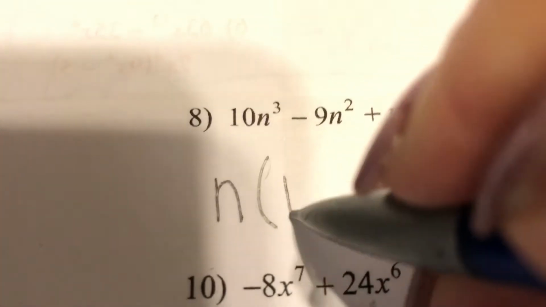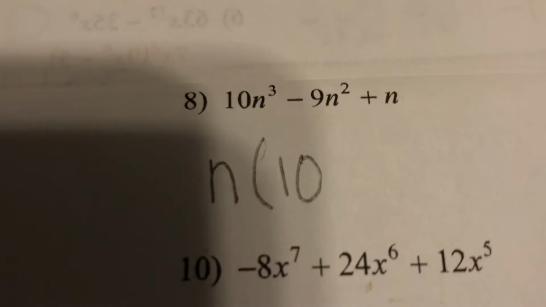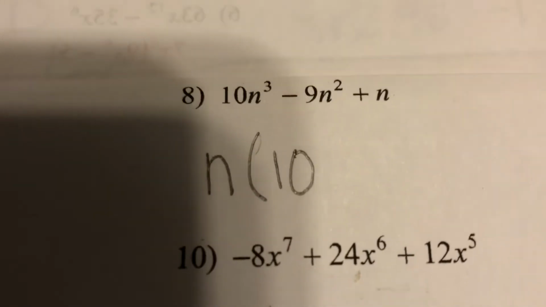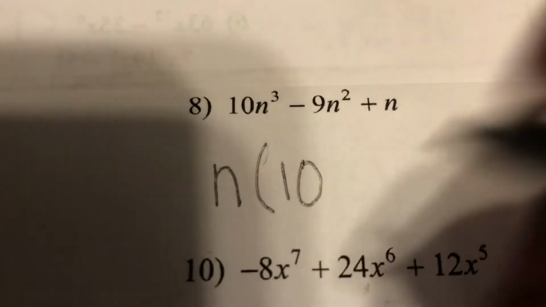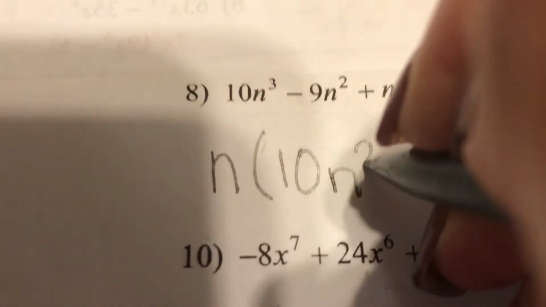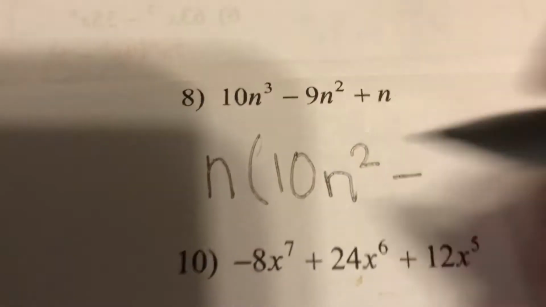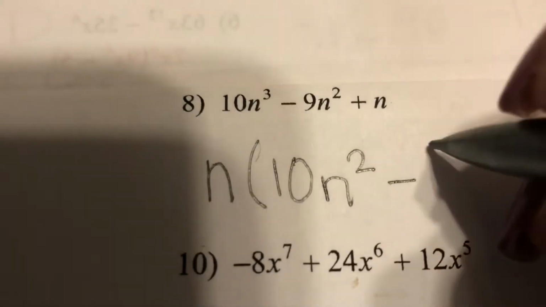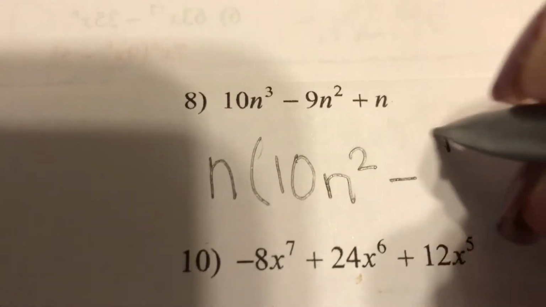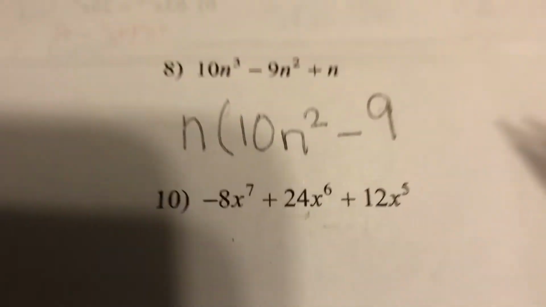So they didn't have any numbers, so I'm going to keep the 10 just as it is. In order to make n become n to the third power, I would have to multiply it by n squared. In order to make n become negative 9n squared, I'd have to multiply by negative 9 because I don't have any numbers.